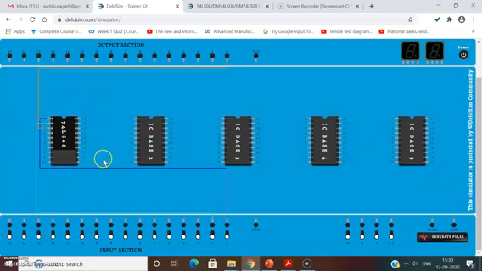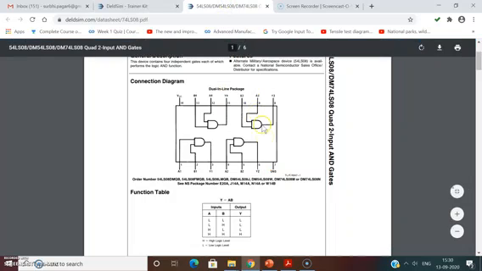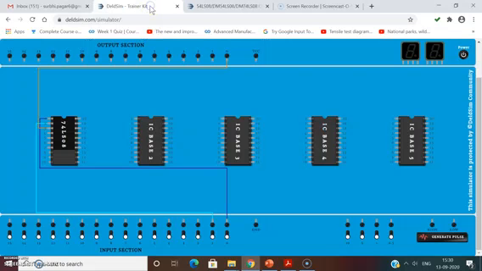And before starting with the actual connection, what you have to do is first connect the ground and VCC pins. So see, ground was given with the 7th pin and VCC with the 14th pin. So this pin 7 will be given to the ground, and 14.